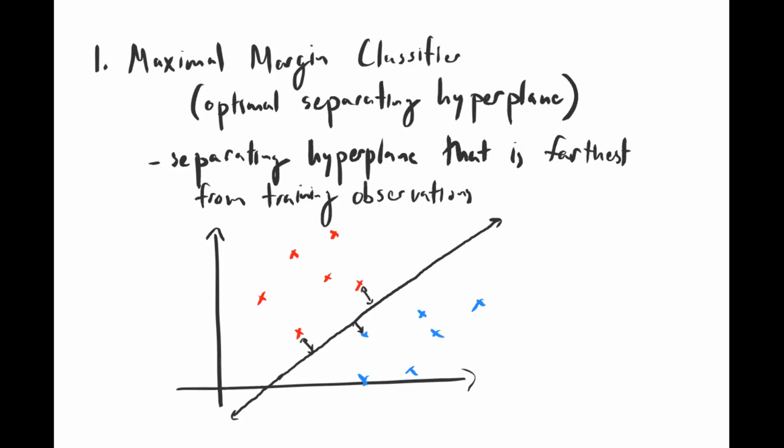So imagine that these are all the same sort of distance. It kind of looks like the blue one is a little bit closer. So let me draw that like here. So this hyperplane maximizes this distance.